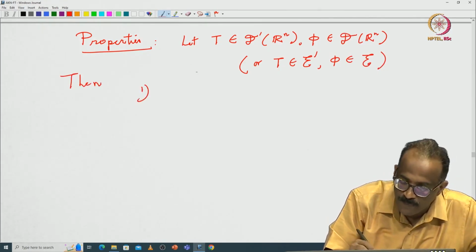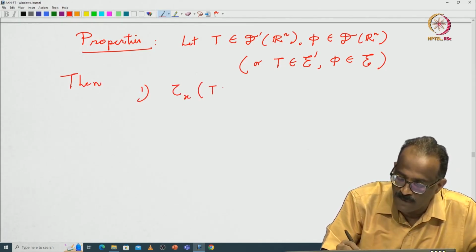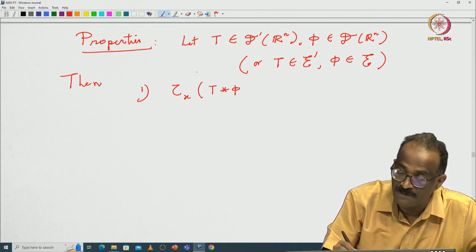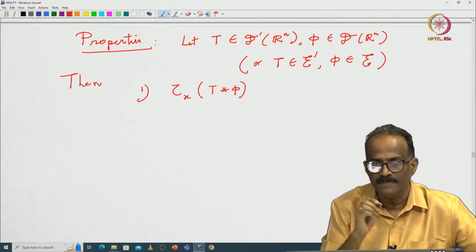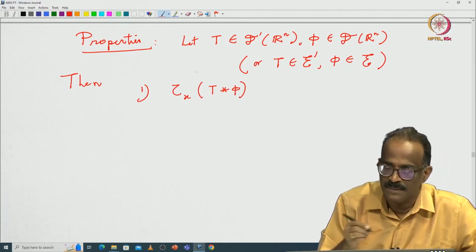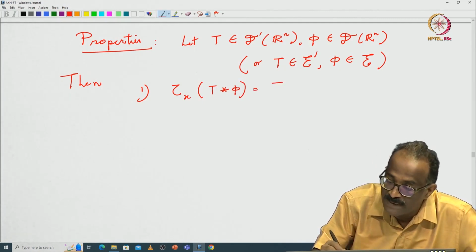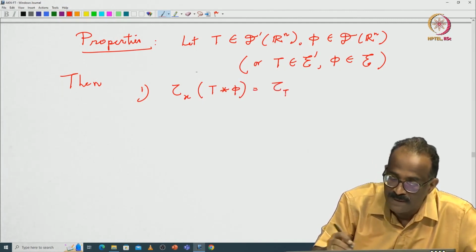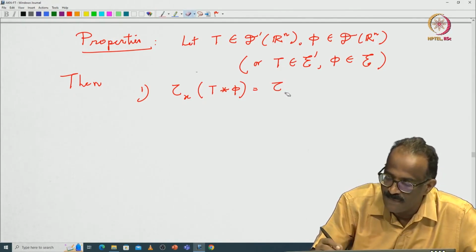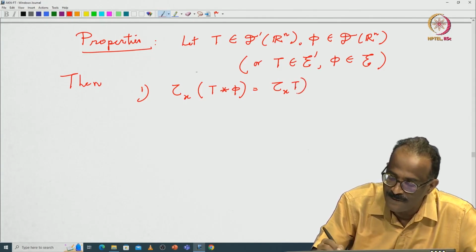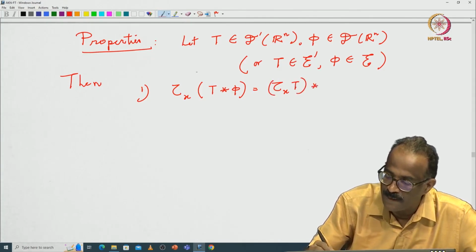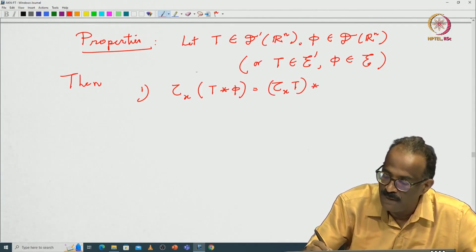One, the translation of T star phi. T star phi is a function; the convolution of a distribution and a function is a function. So you can take the translation with respect to x, the translation of T, and you know the translation of the function phi. I will also give you the definition of the translation of a distribution.